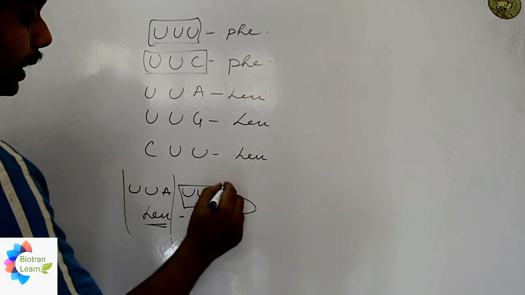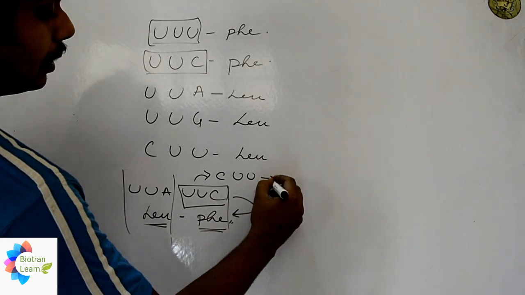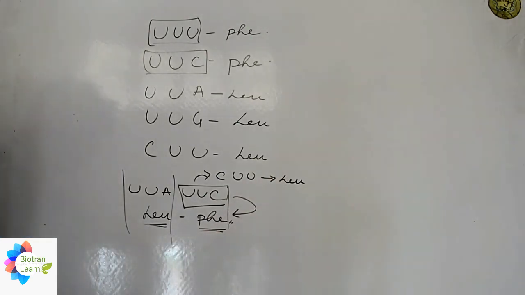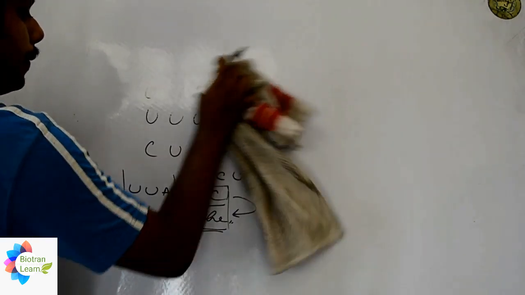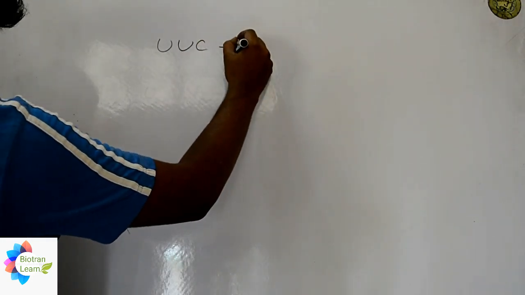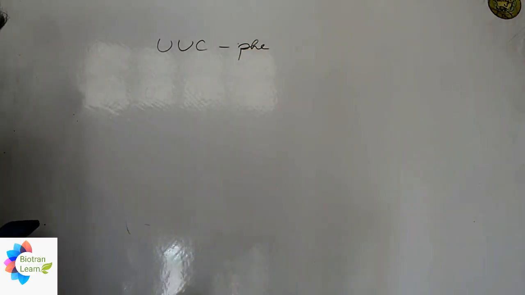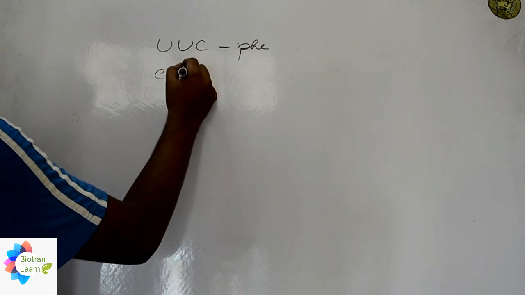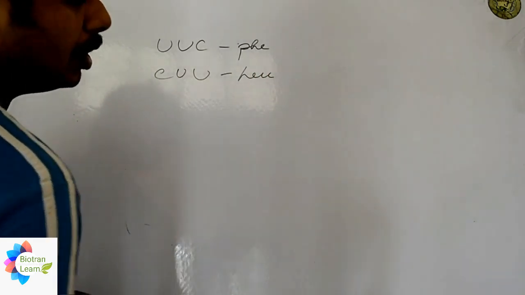Hence, if you change this one, such as to CUU, you will get leucine, right? Whenever we change something, suppose in this section we have UUC, we have phenylalanine, and then if we change it to CUU, it will code for leucine.